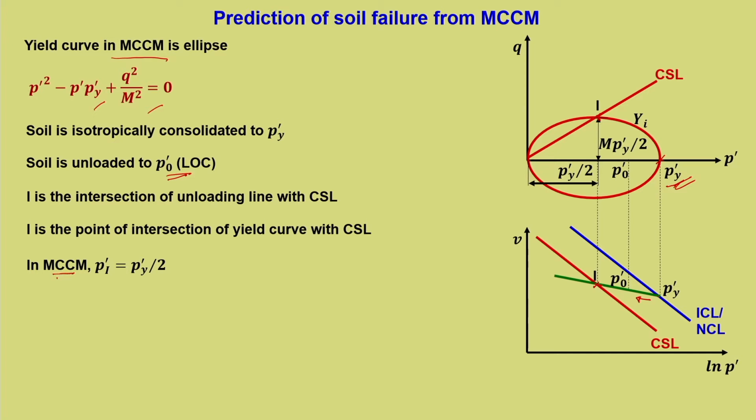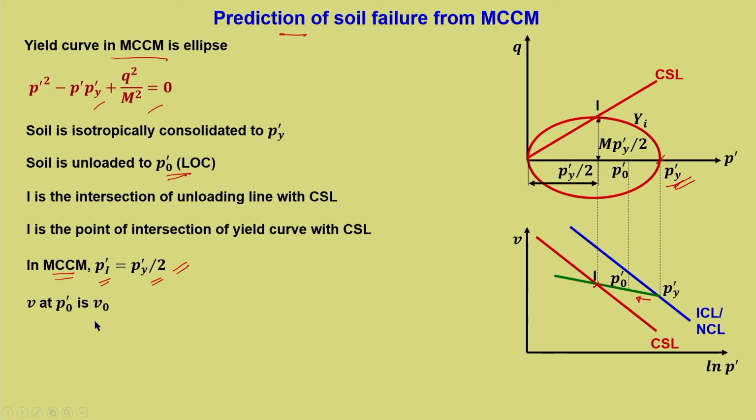Without knowing MCCM, this lecture will not be good for you to understand. So, what are the properties according to MCCM? We know that p'I is equal to p'y by 2, because this information is needed for formulating the prediction.